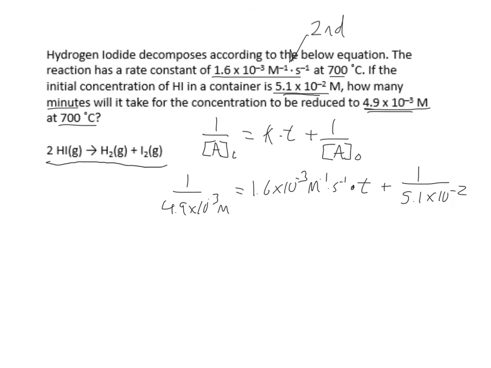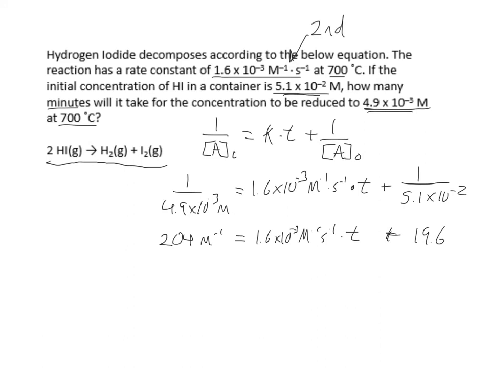Now, if I evaluate 1 over 4.9 times 10 to the negative 3, I get 204. This would be molar to the negative 1, equal to the 1.6 times 10 to the negative 3 molar to the negative 1 second to the negative 1 times t plus 1 over 5.1 times 10 to the negative 2, which is 19.6.